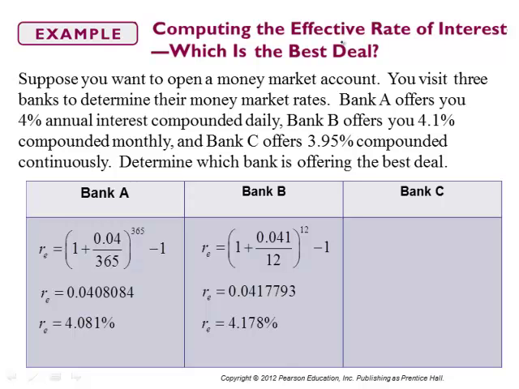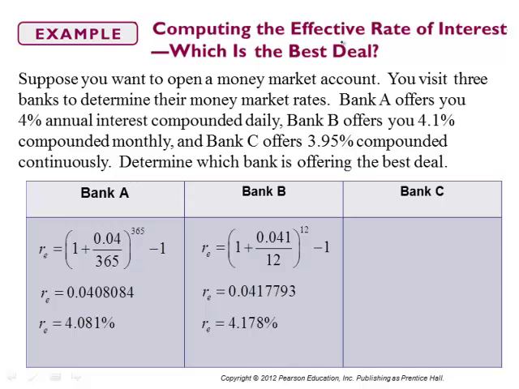But Bank C, they are offering a smaller interest rate, but it has continuous compound interest. So is that going to give us a better effective rate?